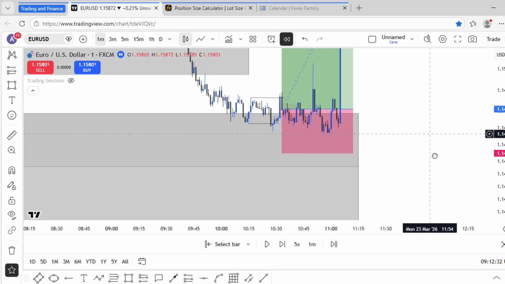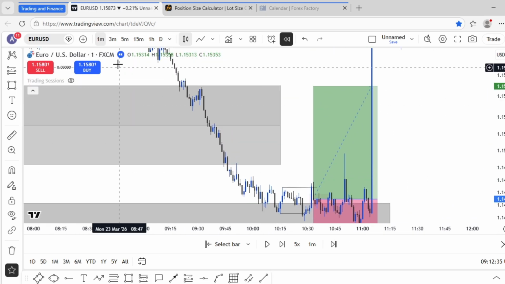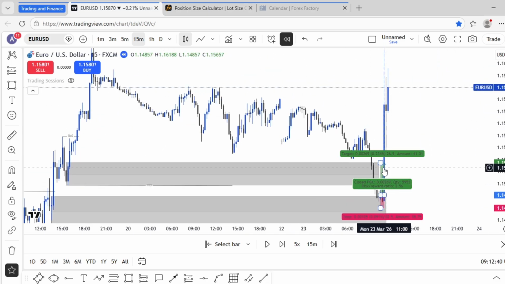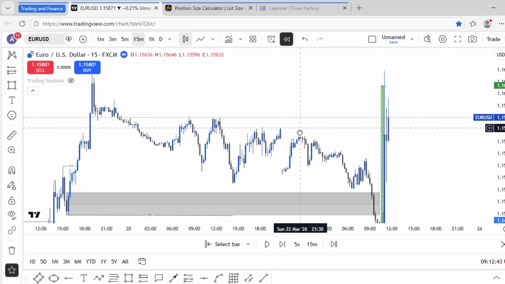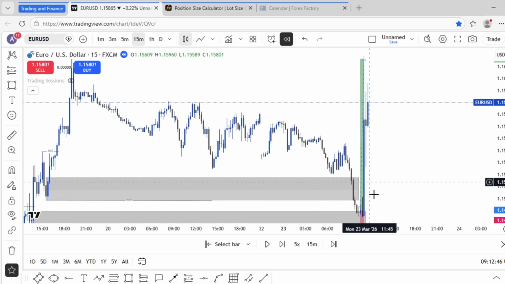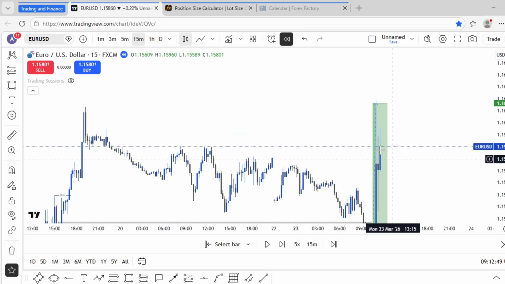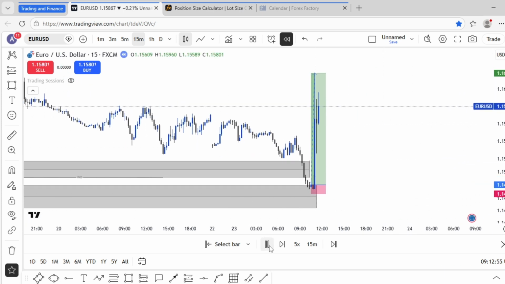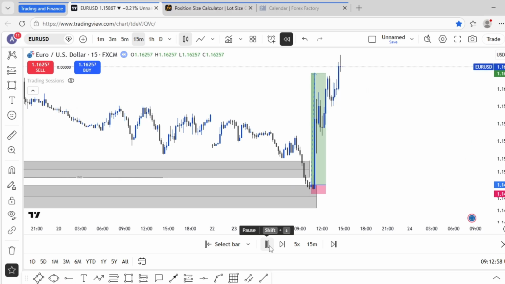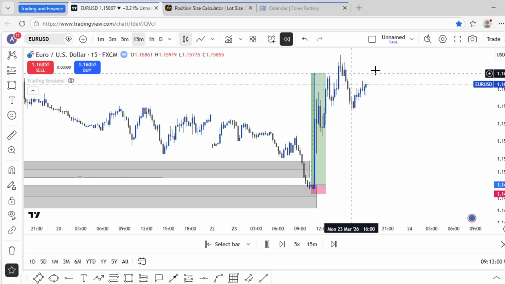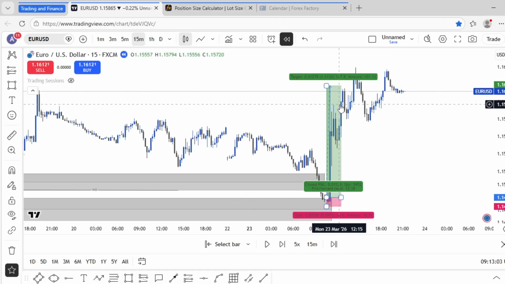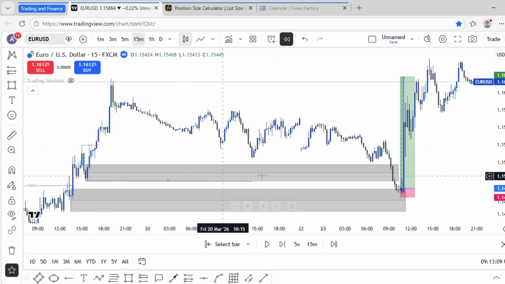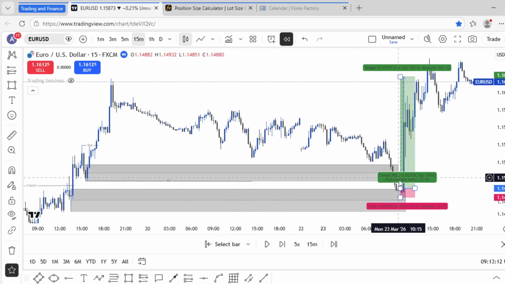I targeted the 15-minute swing high, this guy over here, which was around 12.5 thereabout, and within 30 minutes I was at TP. I didn't take more than 30 minutes to hit take profit on this trade. This was on my inducement.